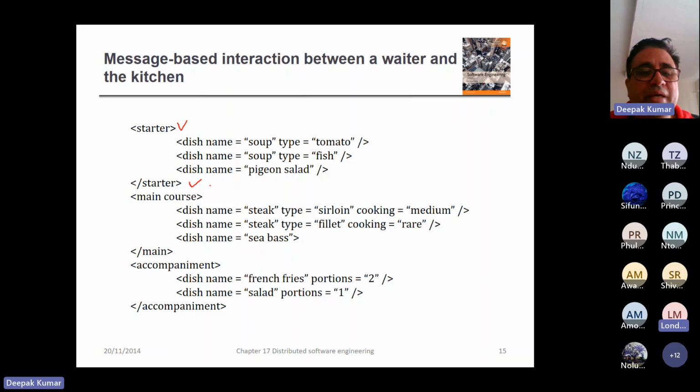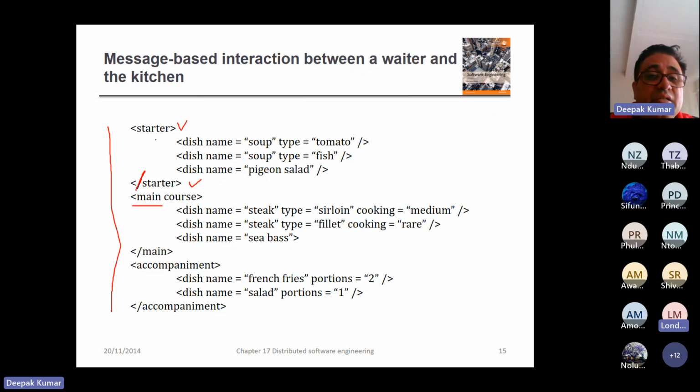Obviously, they have built an application, and you select what you want in starter, what you want in main course, and obviously that information, if it has to travel to another application, to another server, can go as an XML file. And this is basically the structure of an XML file, right? These are XML tags here, starter and the end starter tag here, and then you have these attributes here.